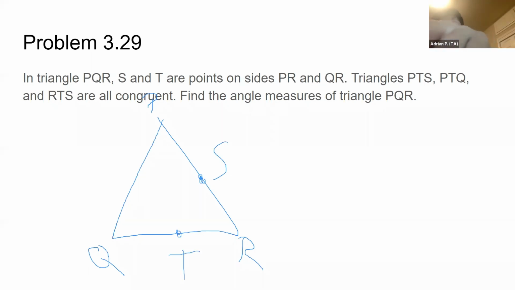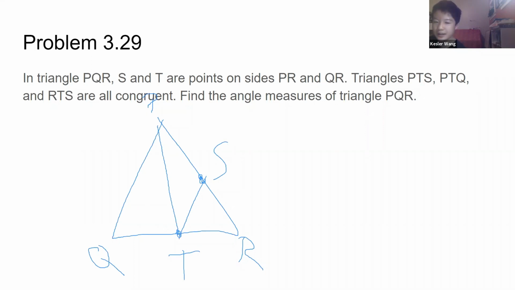And then you have triangle PTS, and then triangle PTQ, and RTS are all congruent. Just ignore how I drew it, but they're all supposed to be congruent.